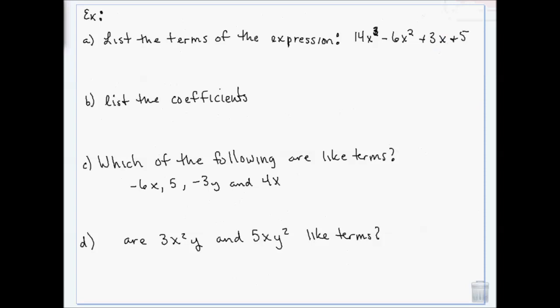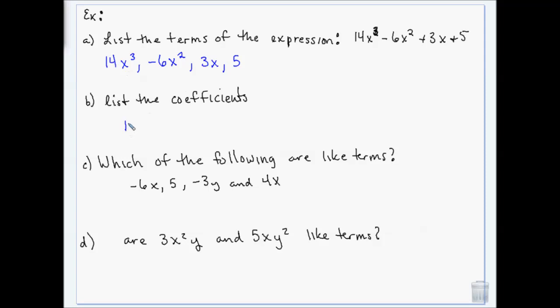If we're going to list the terms, we basically take everything that's there. If there's a minus in front of it, we have to list it as a negative. Those are the terms. If there's a plus in there, you can just leave it alone because they're positive, so you don't have to put the plus there. The coefficients are the numbers that are attached to the variables.